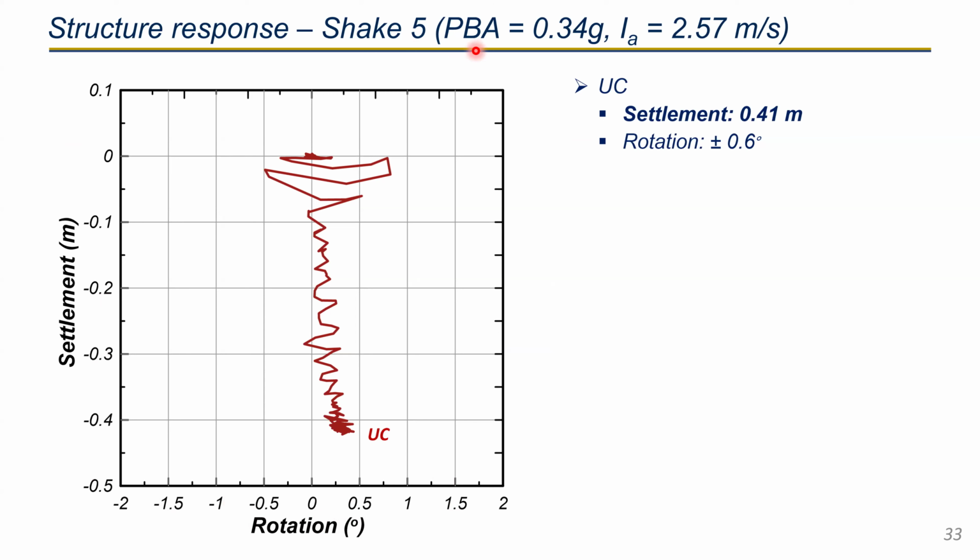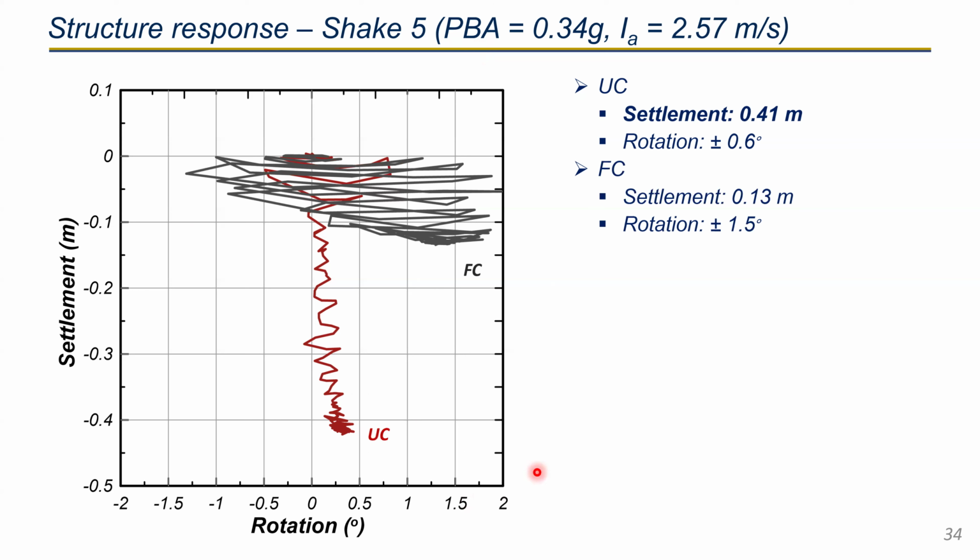So with the earthquake motion, the structure started to rotate. And any structure rotation resulted in the soil below it being subjected to an increased bearing pressure. But the uncemented sand can't handle this kind of increased bearing pressure, so it just settled without any significant rocking.